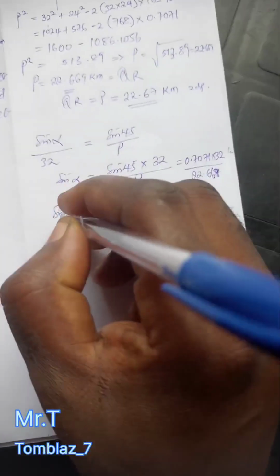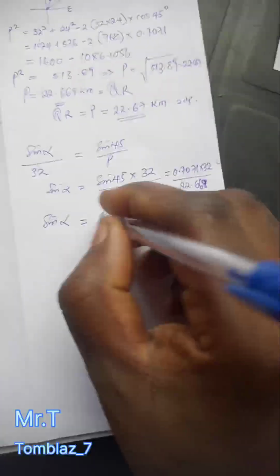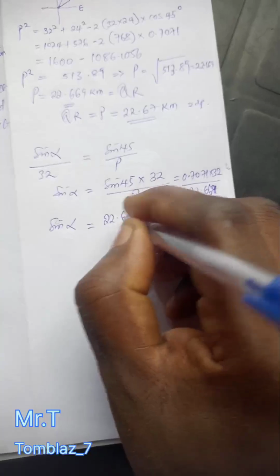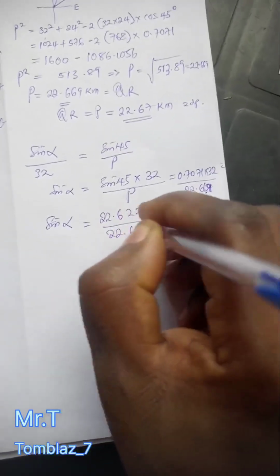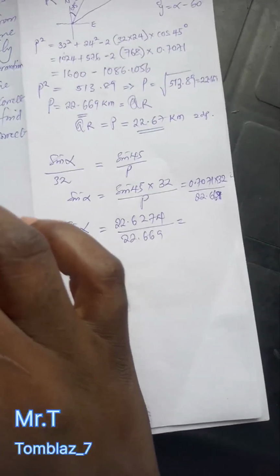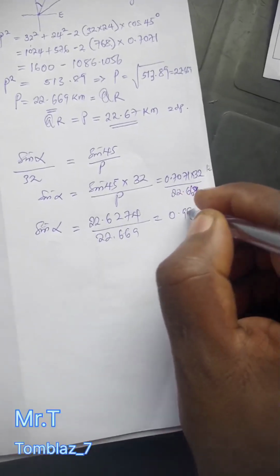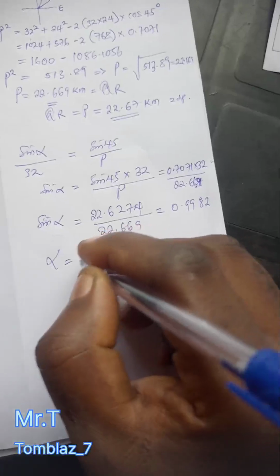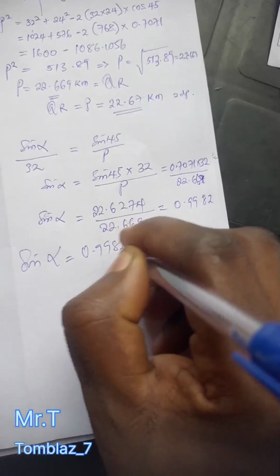So sine alpha will be equal to, let's multiply this value, 22.6274 divided by 22.669, which gives 0.9982. So sine alpha equals 0.9982, right?